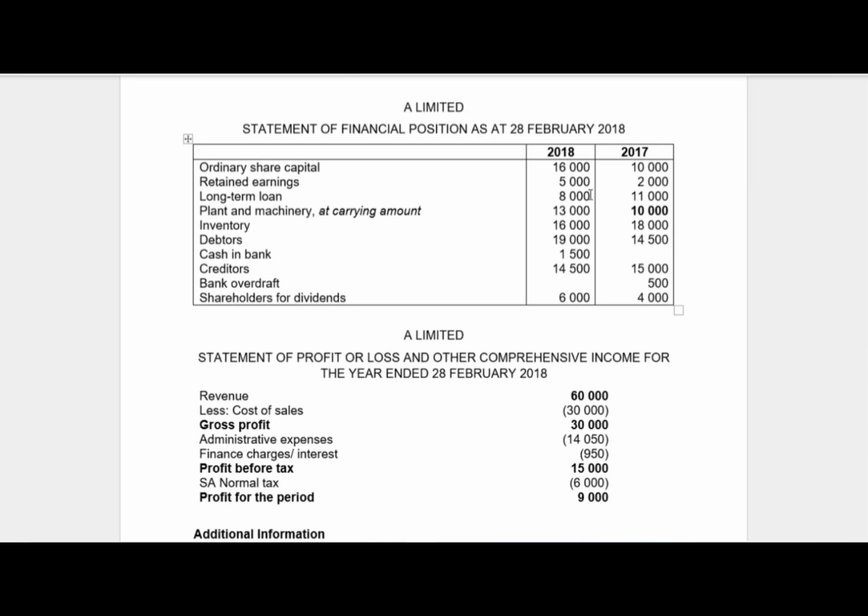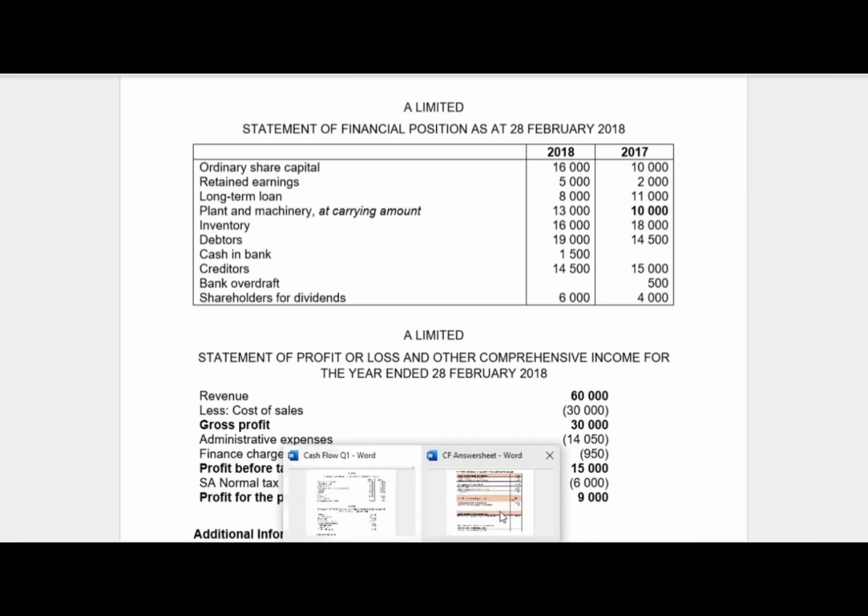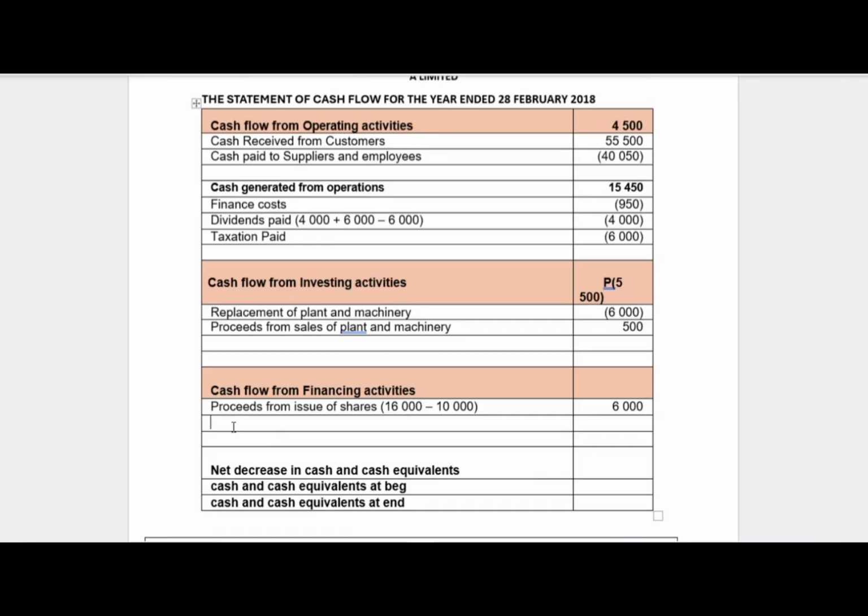So you go to your cash flow answer sheet right there. You're going to say repayment or payment of loan. Repayment of long-term loan or loan.